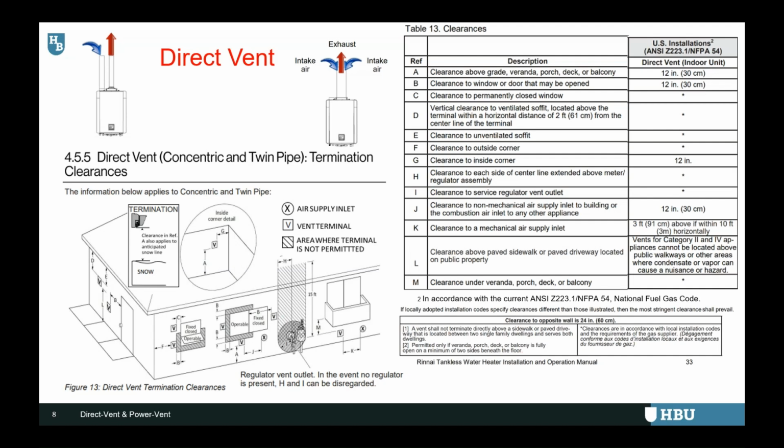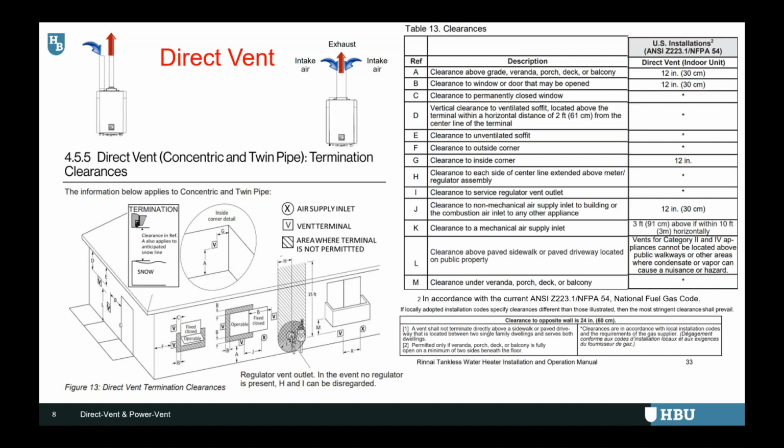Vertical clearance to ventilated soffit located above the terminal within horizontal distance of 2 feet from the center line of the terminal, no specific distance listed. Clearance to unventilated soffit, no specific distance listed. Clearance to outside corner, no specific distance listed.